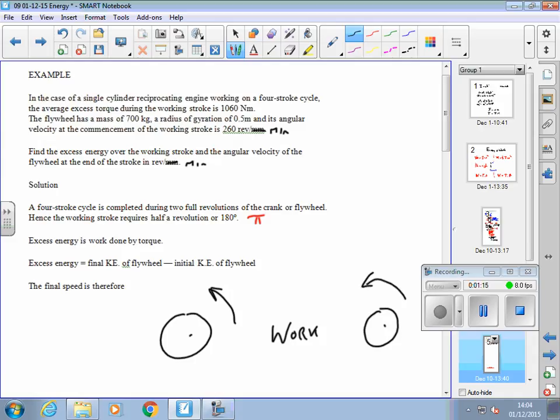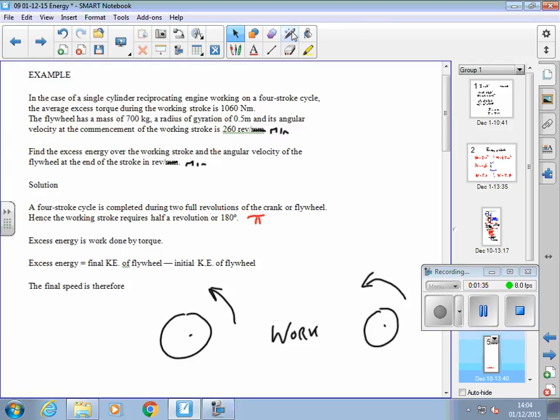So it's got more kinetic energy. So what we need to find out is the final speed of the flywheel once this half cycle, this working stroke, has been applied to it.